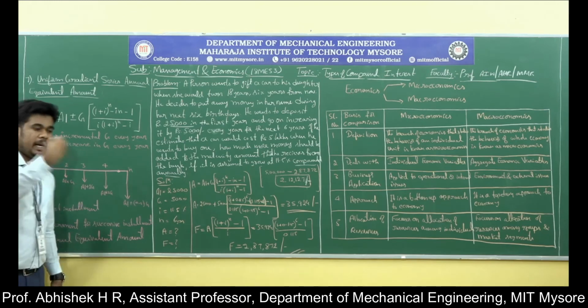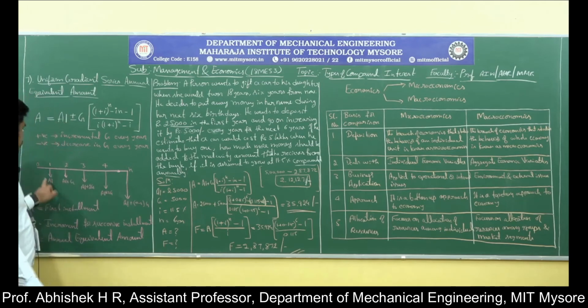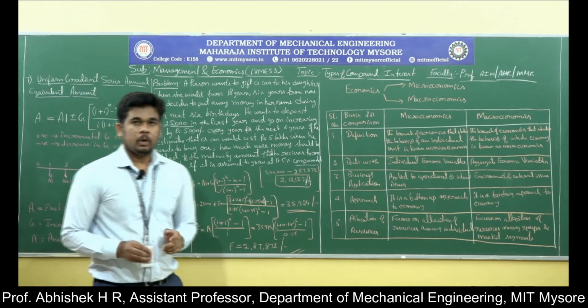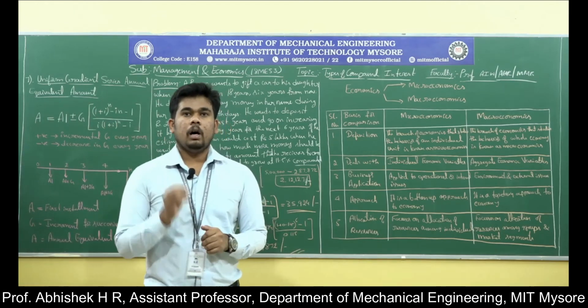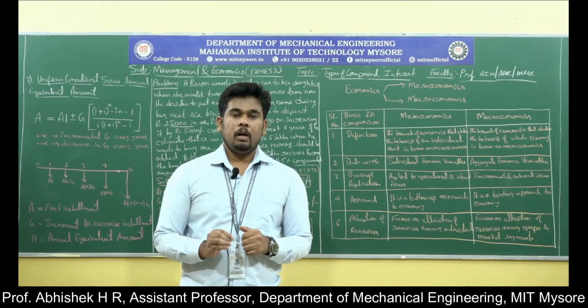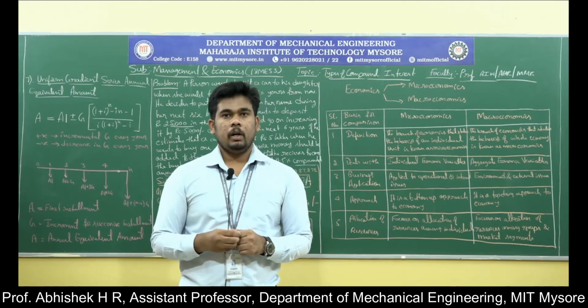Downward means you are paying to the bank, so it means cash outflow. So just show the downward arrow mark. So this is all about the 7 types of compound interest. If you remember the condition and formula for all the 7 types of compound interest, it is easy to solve the numerical problems based on the compound interest types.